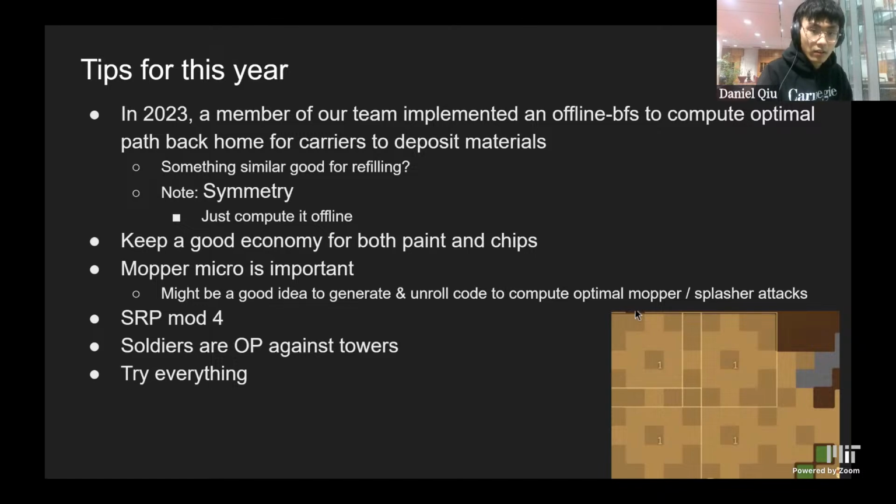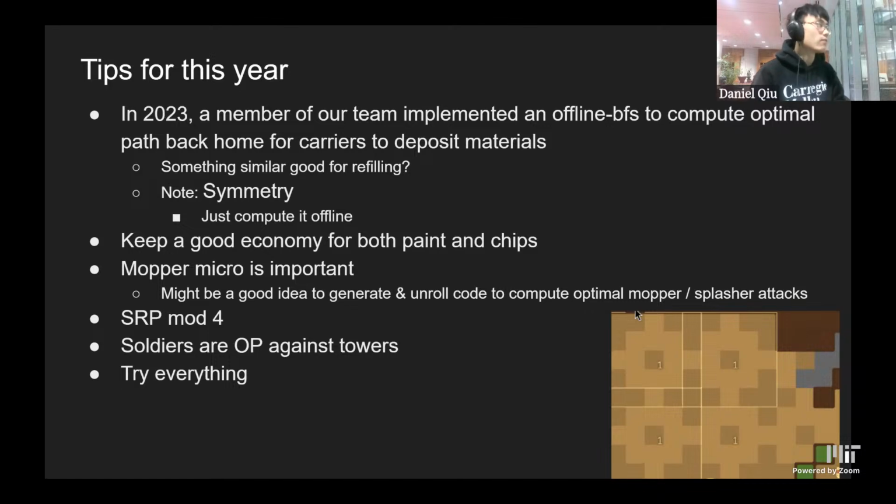So yeah, I think we're running out of time, so I'll just give a few tips for this year. In 2023, one of our team members created an offline BFS to compute the optimal path for carriers to come from mining to deposit to your base to deposit materials.